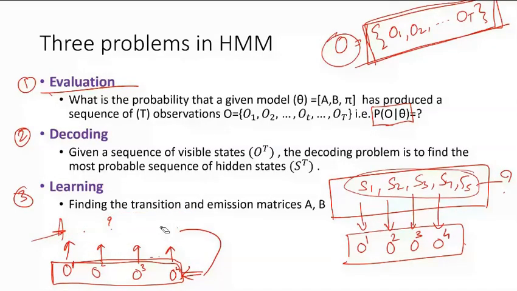So there are many possible combinations of hidden states. Suppose there are two hidden states, say S1 and S2.